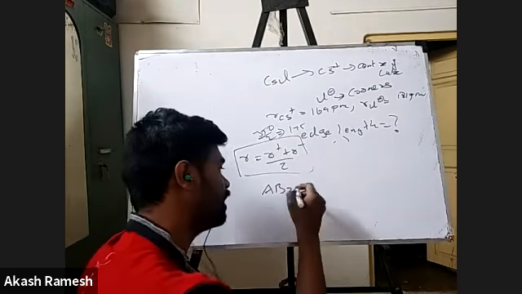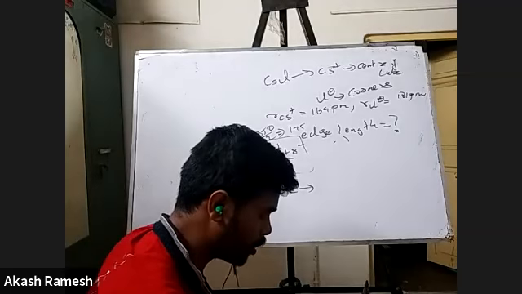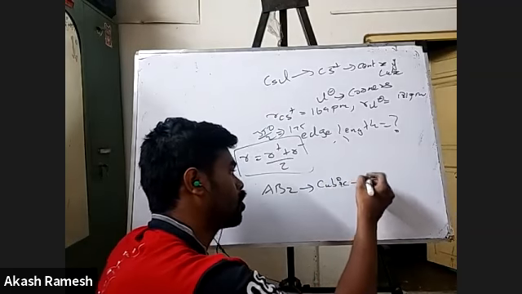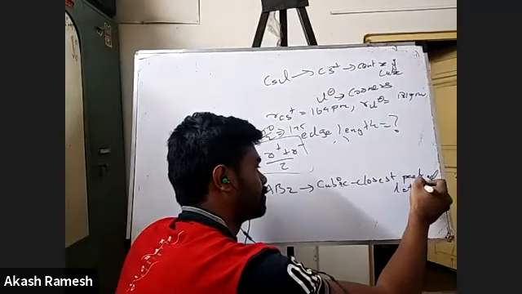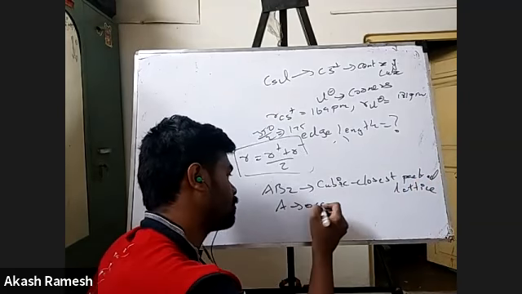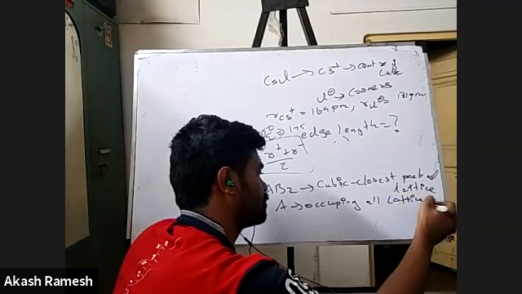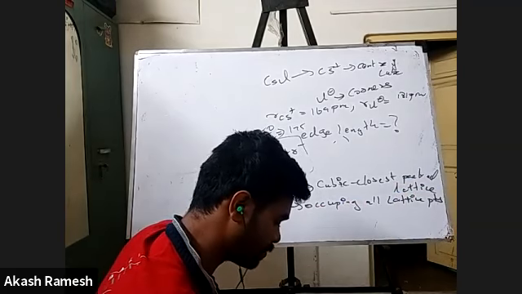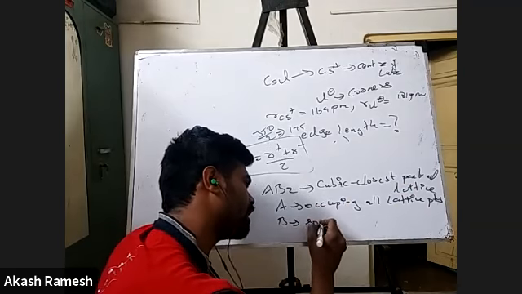Right, so I have a compound mineral having a formula AB2, which crystallizes in a cubic closest packed lattice, where A occupies all lattice points, and B occupies some of the tetrahedral voids.